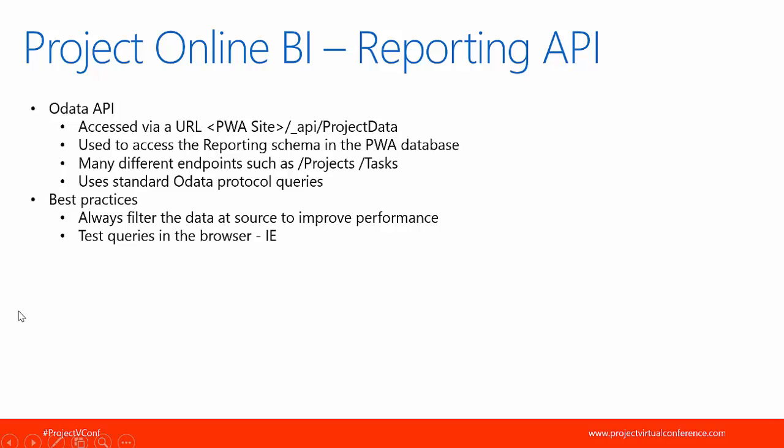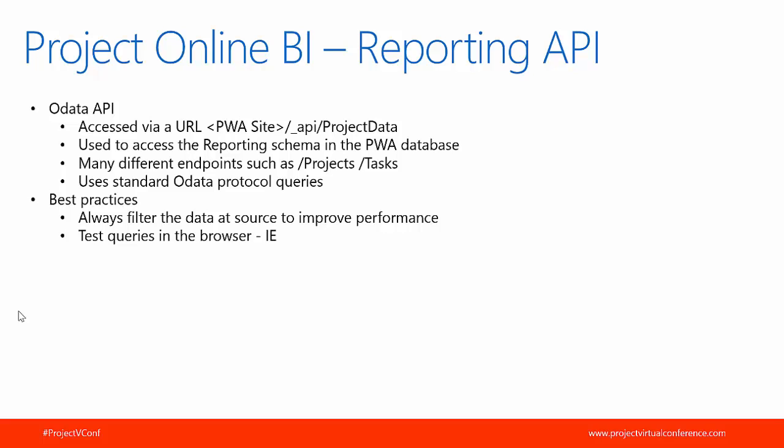It's accessed quite easily within the browser, or within code, or within Excel, or within Power BI. There are quite a few reporting tools that can consume OData APIs. We'll jump into a demo after this and actually look at the API and see what it looks like in IE in the browser.